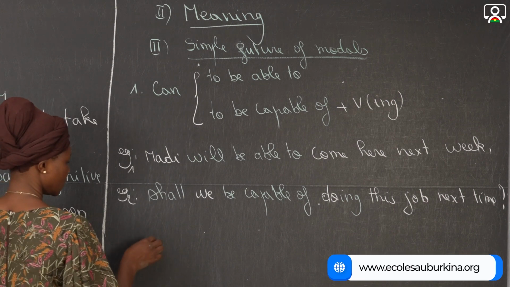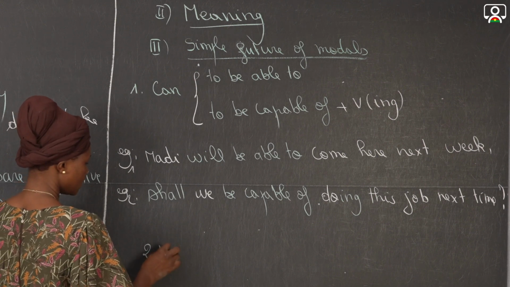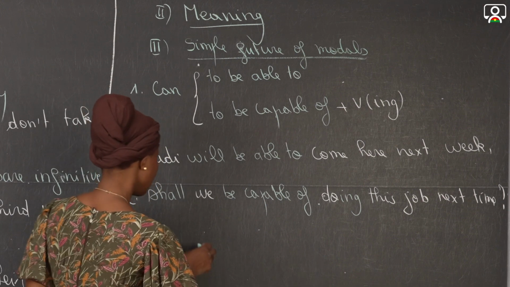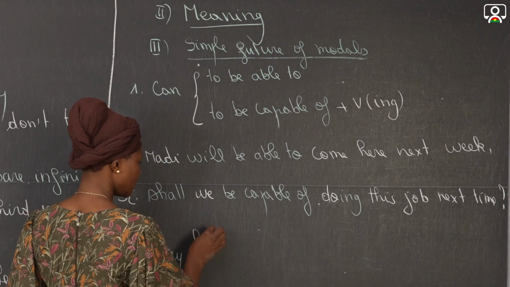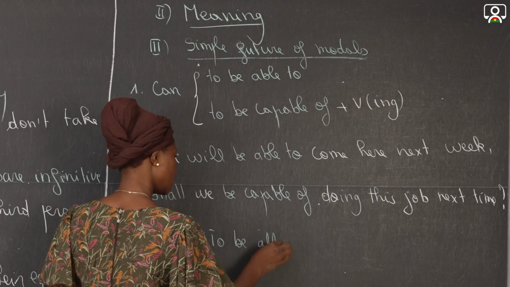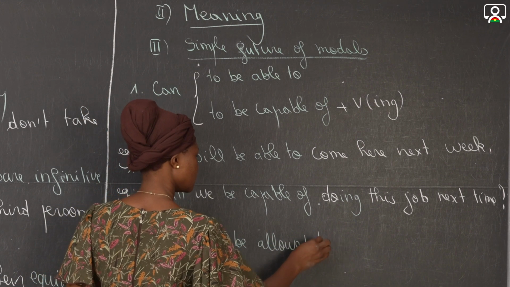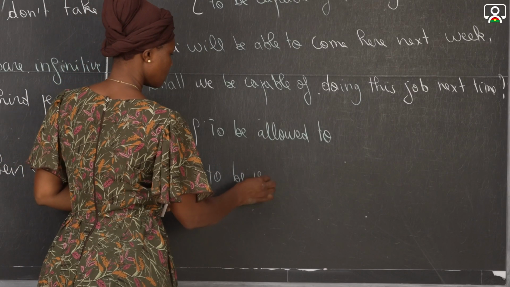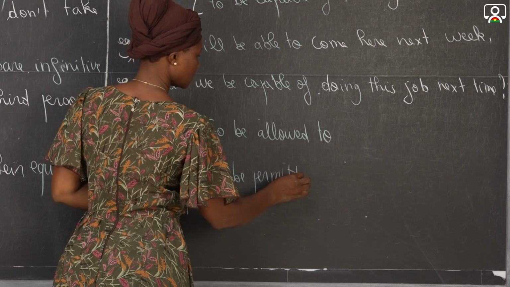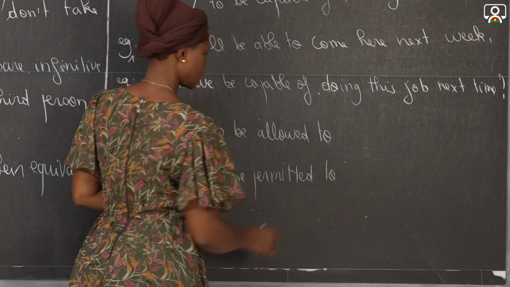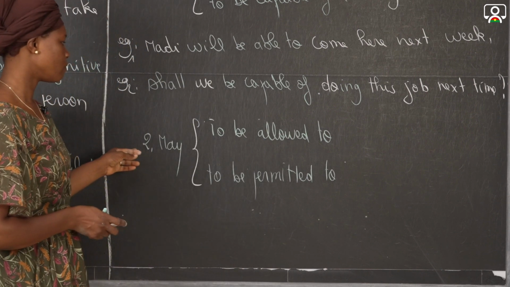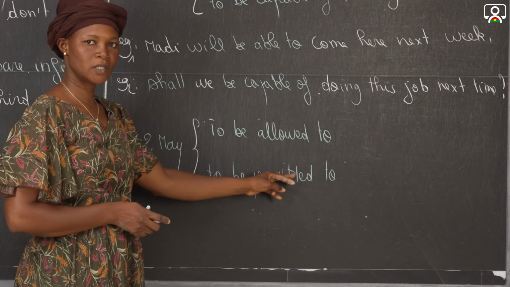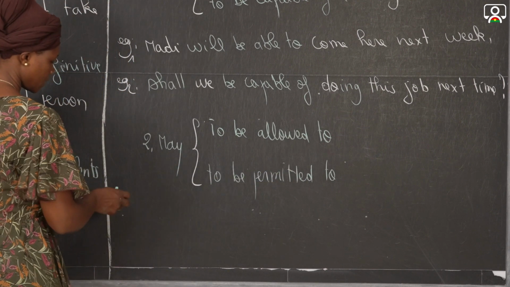Number 2, you are going to see may. May also has two equivalents. The first one is to be allowed to. And the second one is to be permitted to. So these are the equivalents of may. To be allowed to and to be permitted to. An example.